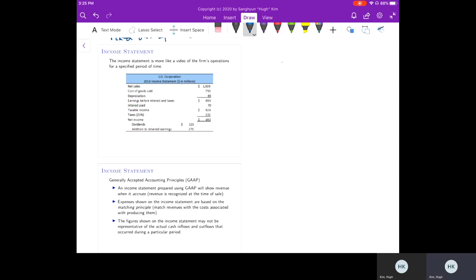So it lists revenues in the top line here, and profits in the bottom line here, and the cost adjustments in between. The words here, period of time, are very important. In economics, variables like we can find on the income statement are called flow variables.